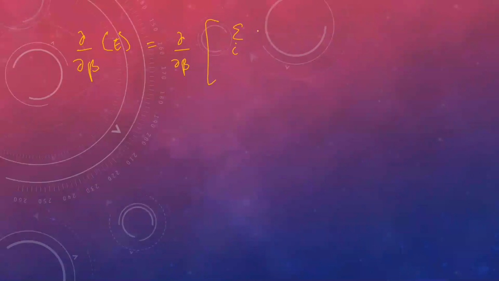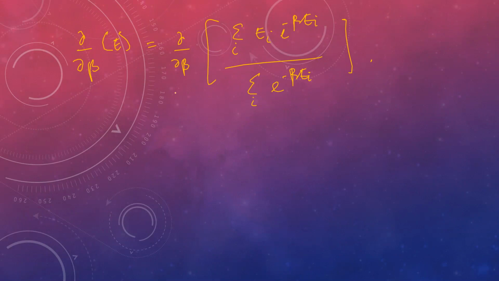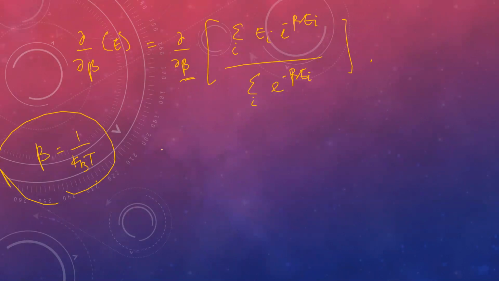Now let's calculate del by del beta of the average energy E. That means del by del beta of summation Ei e to the power minus beta Ei, divided by summation e to the power minus beta Ei. Beta is 1 by kBT, but we don't need to put it in because beta is already there.